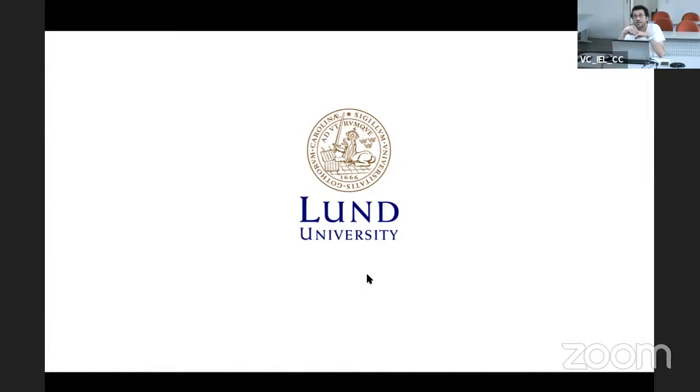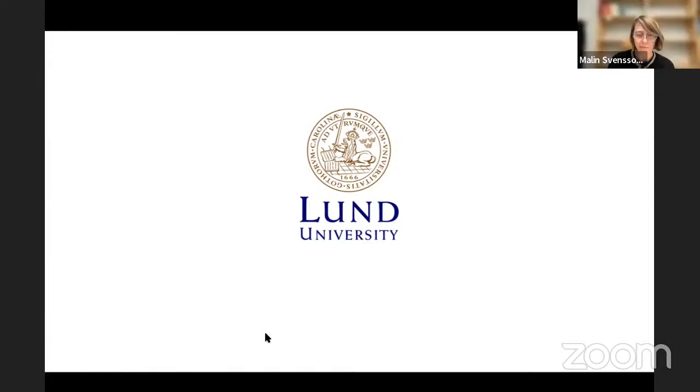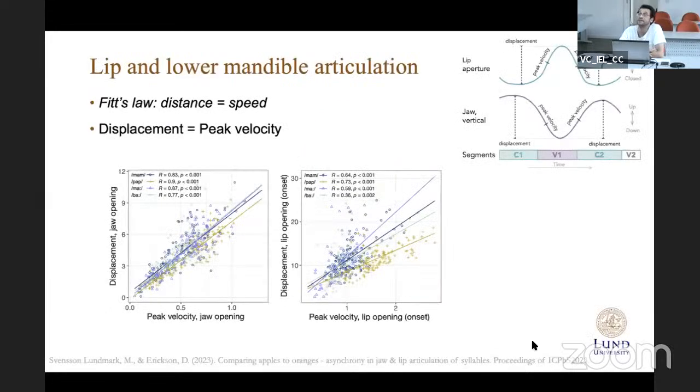When you measure peak velocities for the jaw, it seemed to be more closely related to vowel onsets, at least, I think. Don't you think? Yeah, possibly. I don't think I measured that, but you're probably right. The jaw falling was probably much more related to vowel onsets, I think, from your slides.